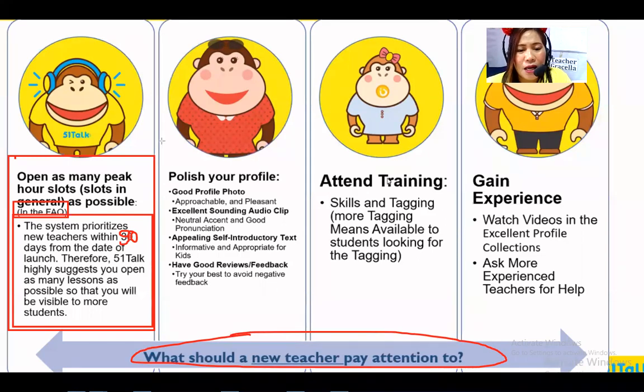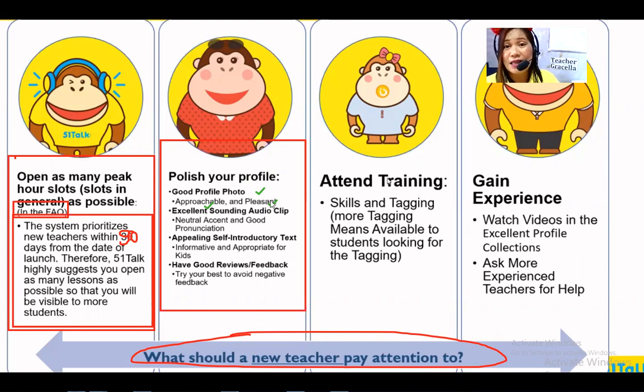Next up, polish your profile. Everybody knows that with a good profile photo, you have to be approachable and pleasant. When you have a good profile photo, you are presentable and it will attract more students to book you.